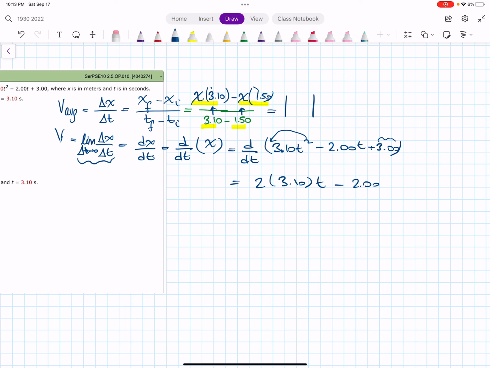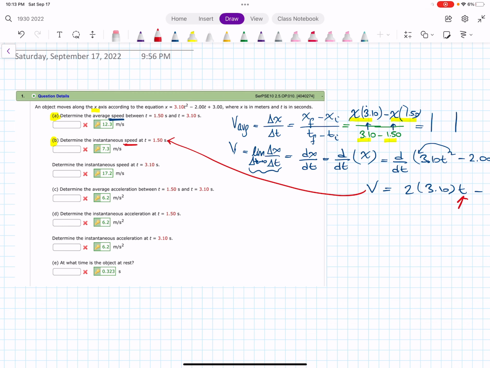The t also disappears. That's it. This is the expression for the velocity. If you want to determine the instantaneous velocity at a certain time, you have to plug in the time and find the instantaneous speed you're looking for. If the answer turns out to be positive or negative, take the absolute value and make sure it's positive because we're talking about still speed.